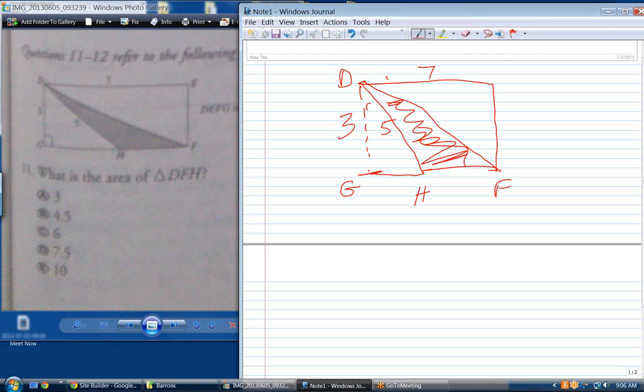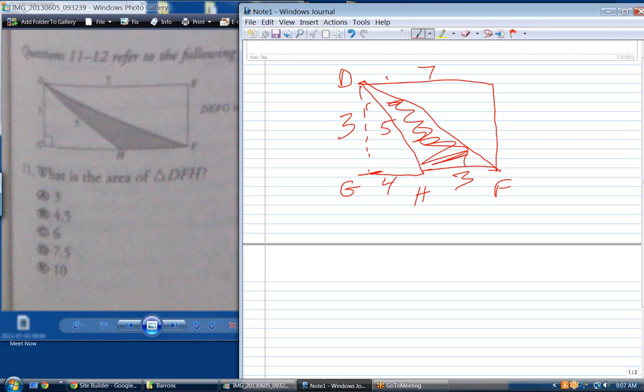Well, I'm assuming D to H would be 4, because that's a 3, 4, 5 right triangle. So H to F would be 3. Okay, now what's the area of that triangle? 1/2 7 times 3.